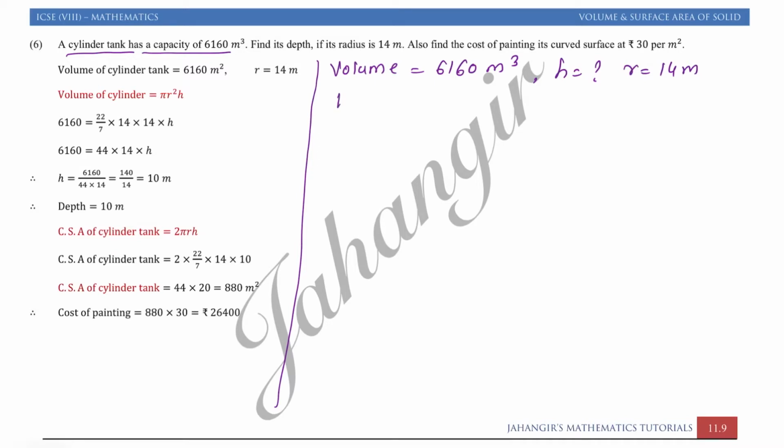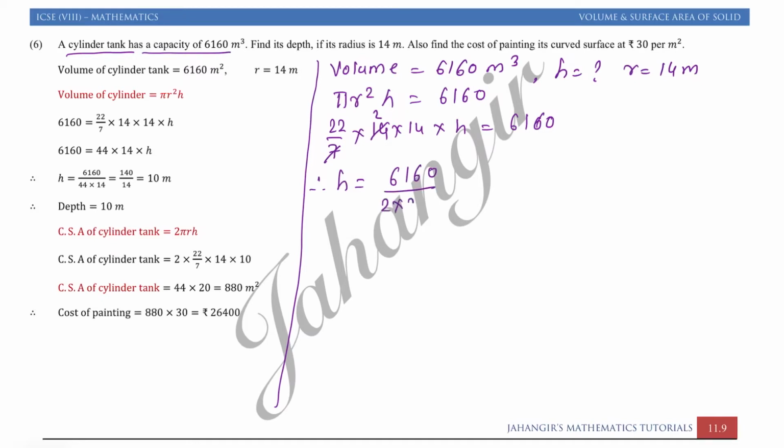So the volume formula is pi r square h is equal to 6160. We can write 22 by 7 into radius 14 into 14 into height is equal to 6160. You can cancel 7 ones are 7, 7 twos are 14. So therefore height will be 6160 upon 2 into 22 into 14. So let us cancel out.